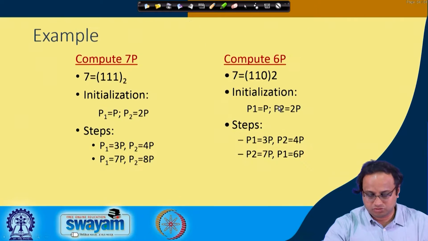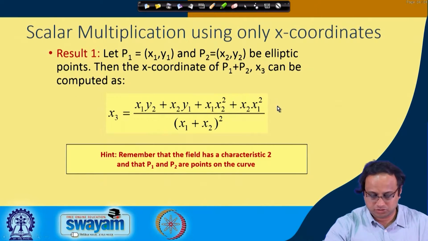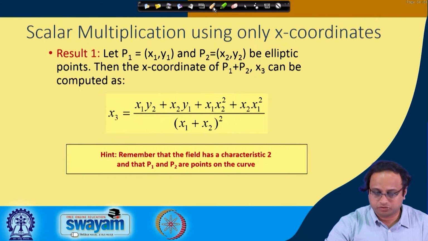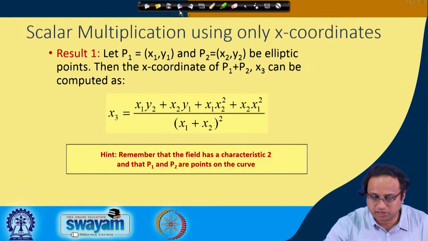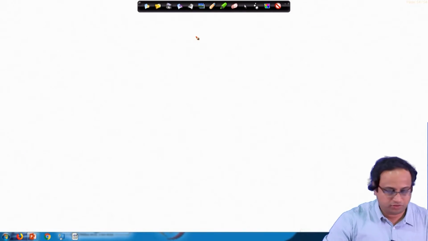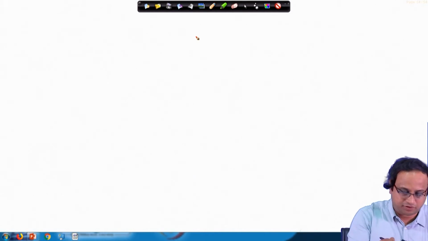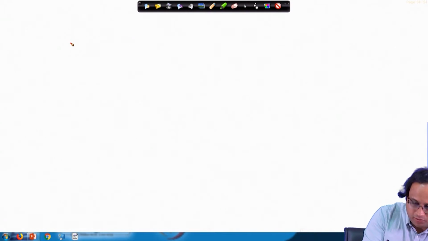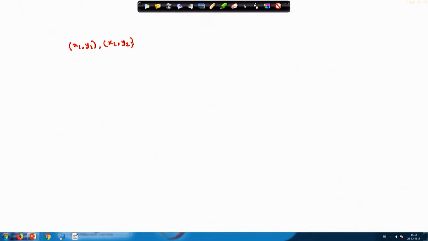So let us try to do this computation. Let us take the points x1 comma y1 and x2 comma y2 as the 2 points. I want to add them.